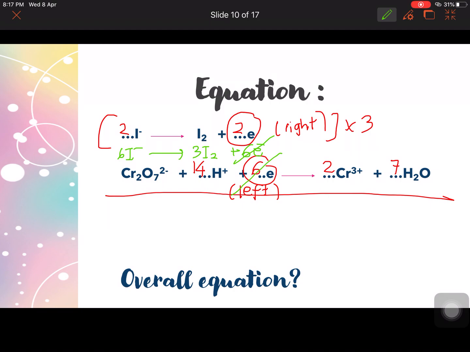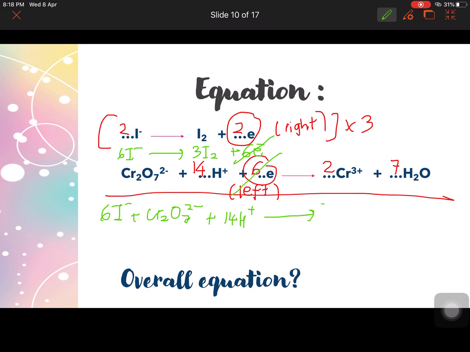And finally, just combine them together. 6I minus for the reactant plus with Cr2O7 2 minus plus with, we still have 14 hydrogen tapi elektron dah tak ada. So teruskan ke product.